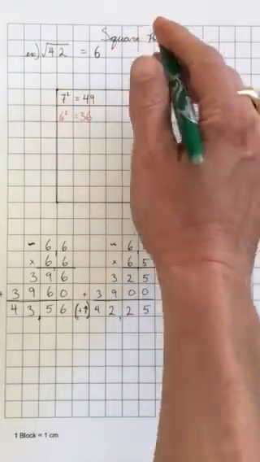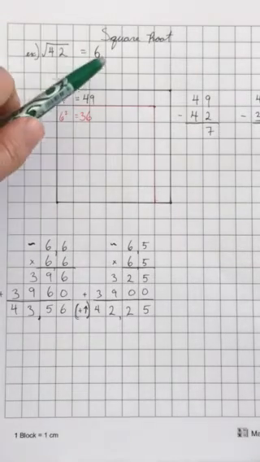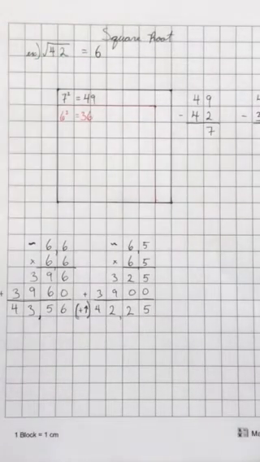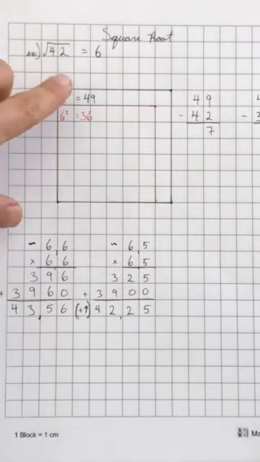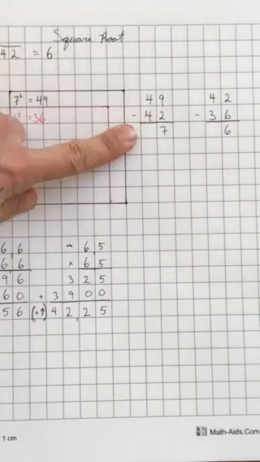Okay, now we are not finished yet, because the square value of 6 is 36. So we need to find the decimal value that can be multiplied by itself in order to come to 42, or as close as we can to 42. Okay, so what I did here to help understand what was going on is I looked at the difference. I looked at the difference between the square value of 7, 49, and what we're looking at, 42.